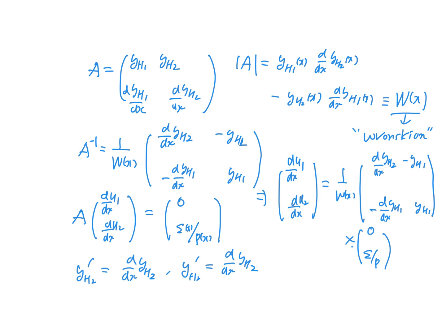So u1 prime, u2 prime is actually 1 over wx, and you multiply it by this and this, what do you get? Minus p s y, something is different.